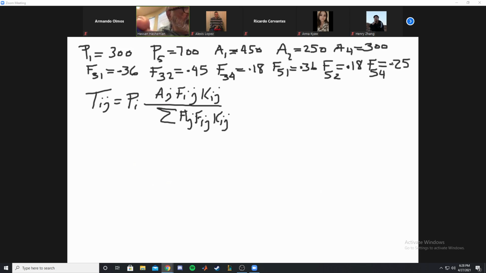So if you do the table first, we start from P1 equal to 300 and distribute that trips. So we'll be on zone 1, 2, and 4. So those are the attraction zones. How much attraction you have? We have given you 450.